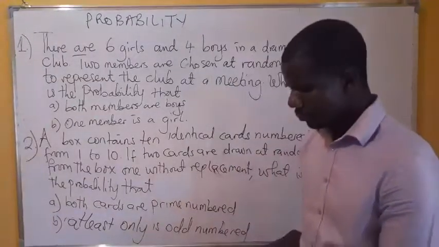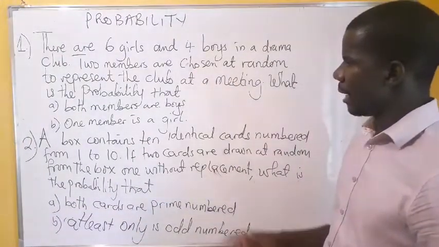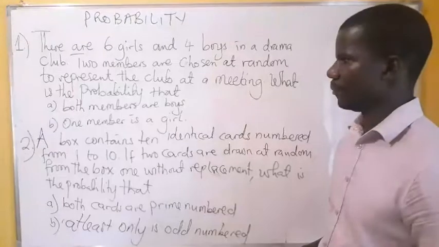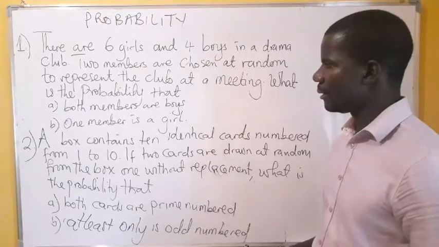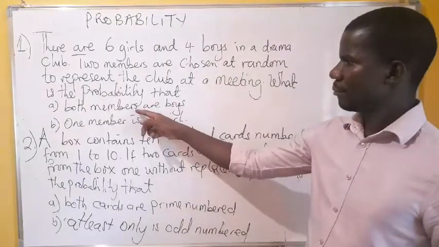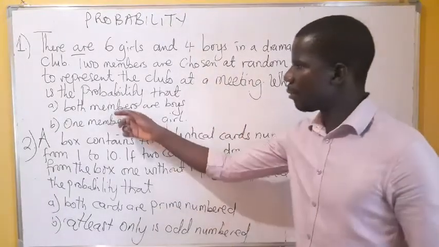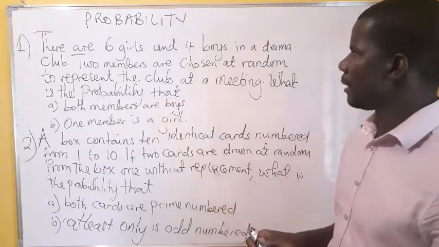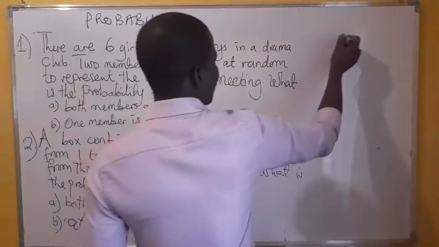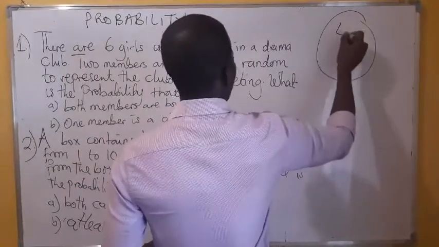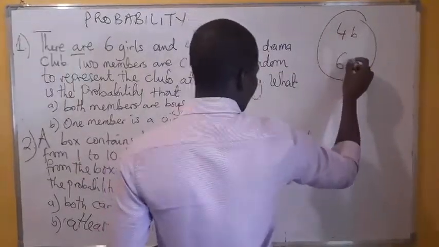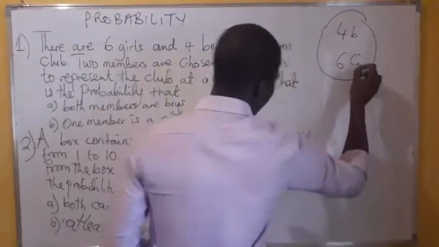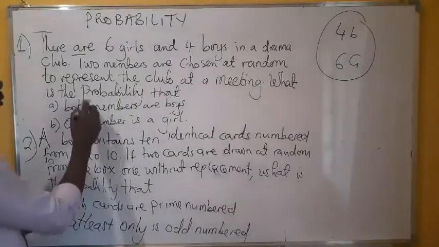So, for the first one, without a tree diagram, if both members are boys, then remember that we are choosing from 4 boys and 6 girls.